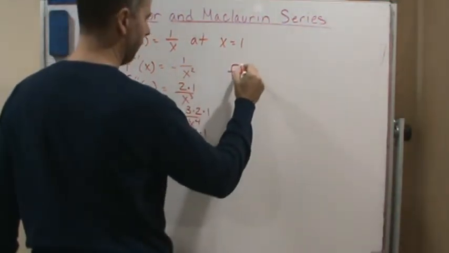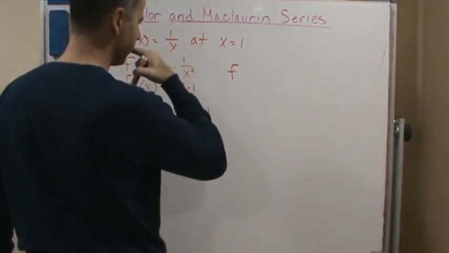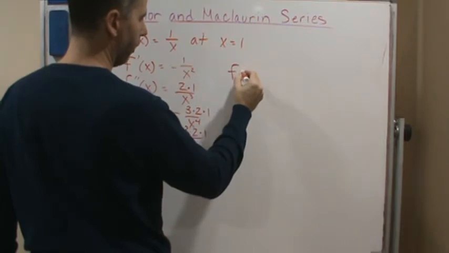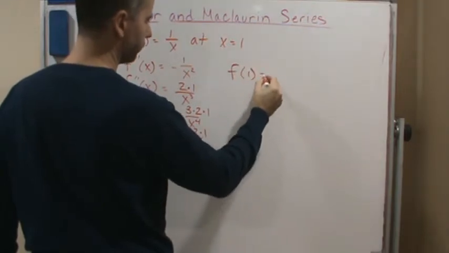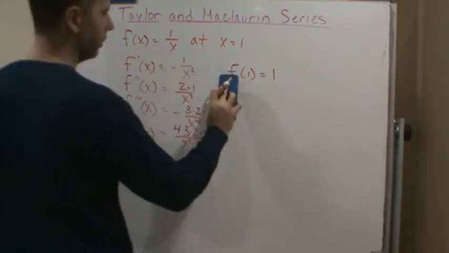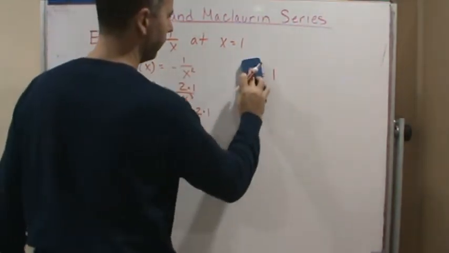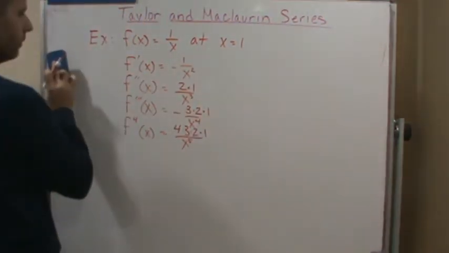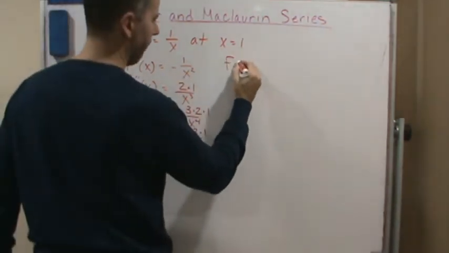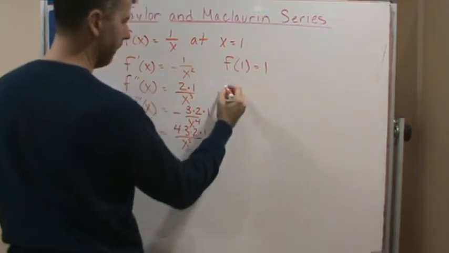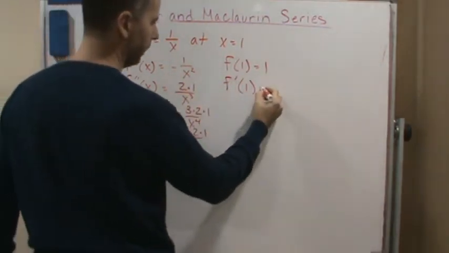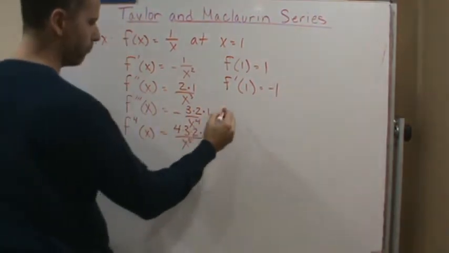And then if we have f of 1, that's just equal to 1. So we have f of 1 equals 1. F prime of 1 is going to be negative 1.